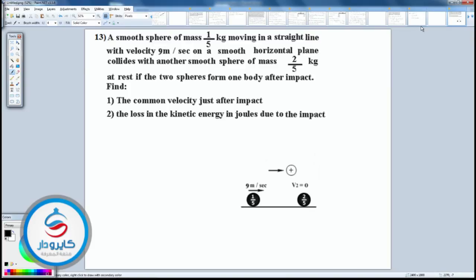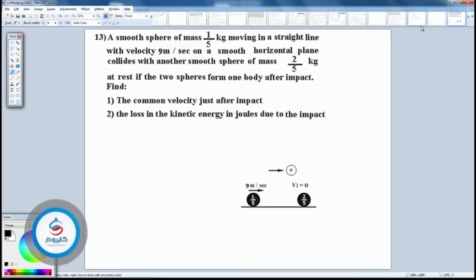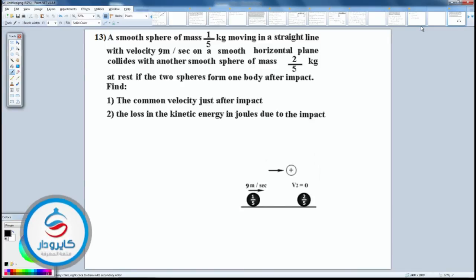Question number 13. A smooth sphere of mass 1/5 kilogram moving in a straight line with velocity 9 meters per second on a smooth horizontal plane collides with another smooth sphere of mass 2/5 kilogram at rest.